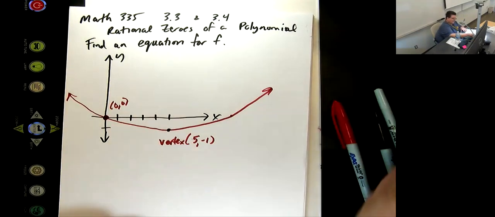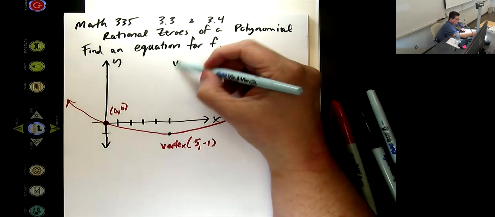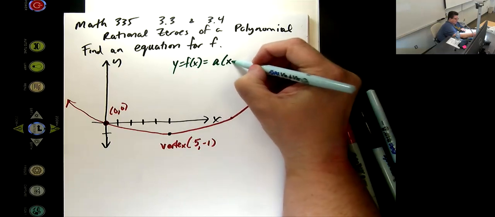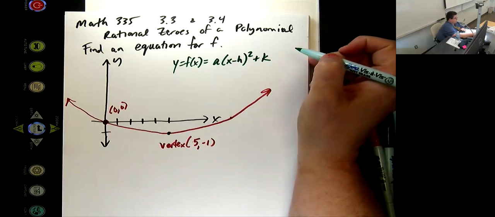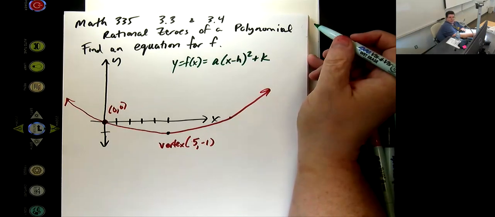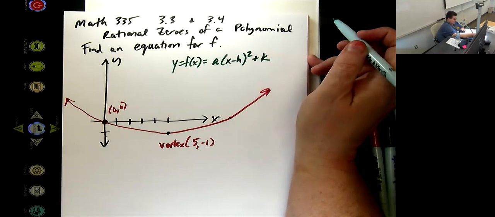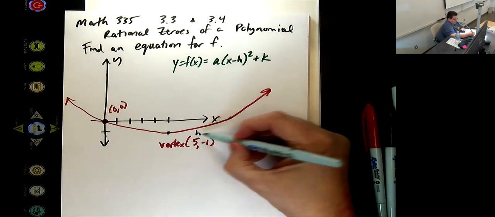Well, when we have a vertex, we can take advantage of y equals f of x, which equals a times x minus h squared plus k, for a quadratic equation. And we have the vertex. h is 5 and k is -1.